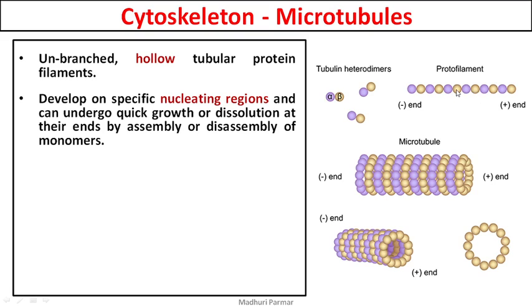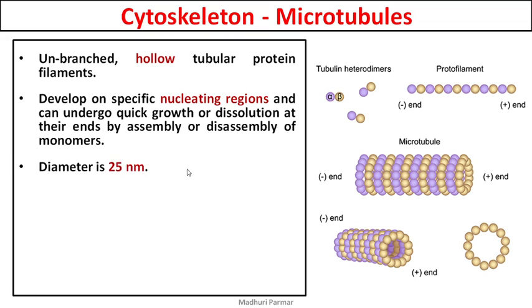Many such protofilaments. How many? 13. 13 protofilaments come together and they form this circular straw-like structure, which looks like this. Count these, you will find 13. So 13 protofilaments come together to form this hollow tube-like structure, and this hollow tube-like structure is now called a microtubule.